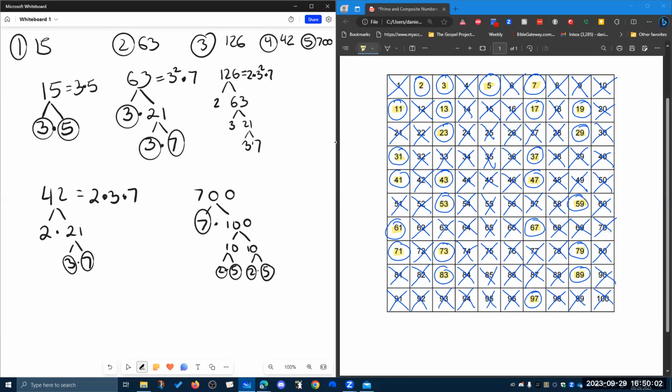These were prime numbers here. So I've got 2 2s, 2 5s, and a 7 in 700. And that's how I'm going to find the prime factorization and write it in exponential form for a given number.